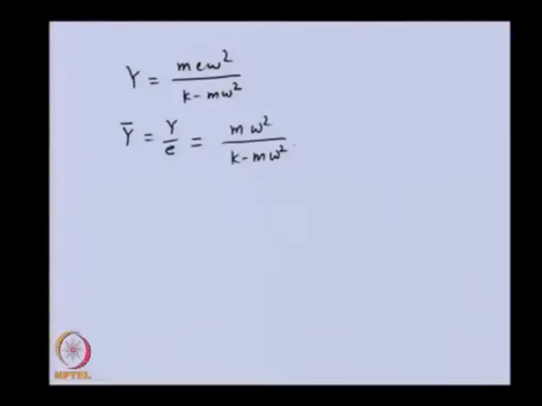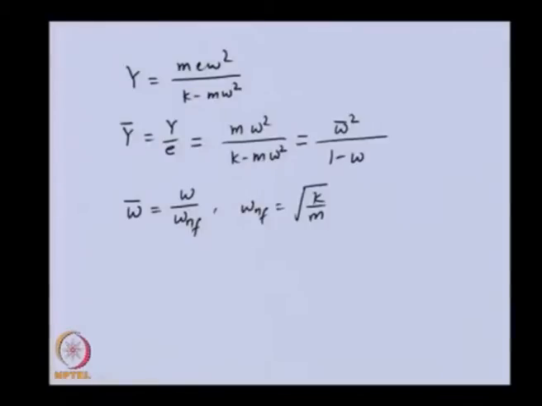Now, we can define the frequency ratio as omega by omega nf, where omega is the spin speed, omega nf is the natural frequency, which is given as root k by m. With this, by rearrangement of the equation, we can write this expression as omega bar square divided by 1 minus omega bar square.